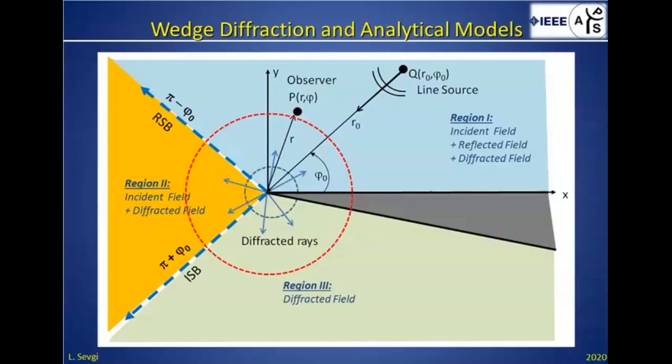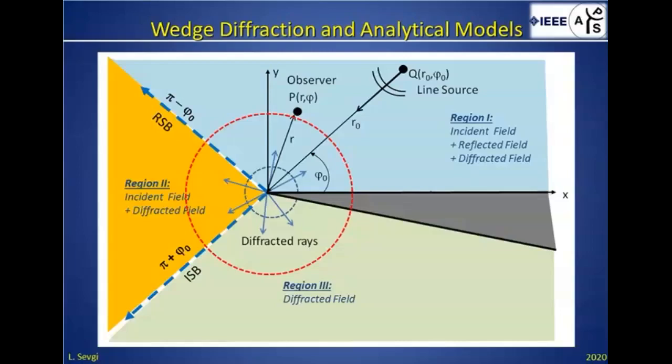In region 3, behind the wedge, we have only the diffracted field, because we cannot see the line source, so there is no incident field, and none of the reflected waves can reach behind the object, so we don't have reflections.